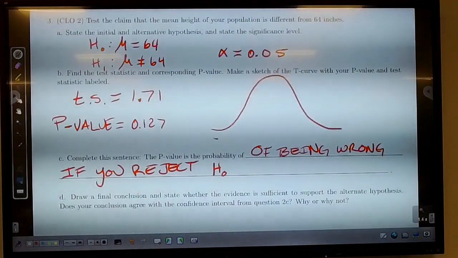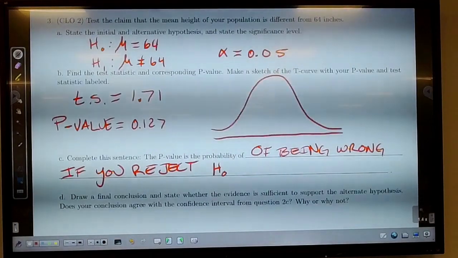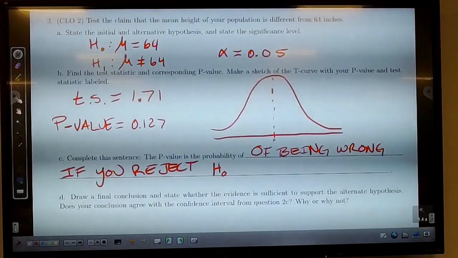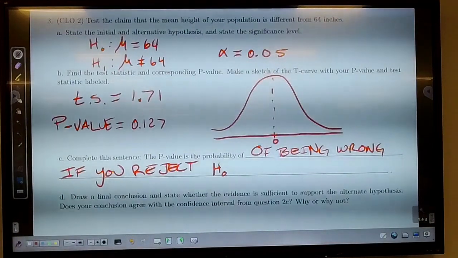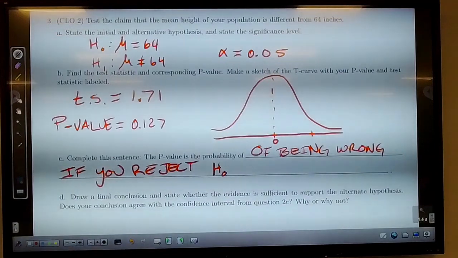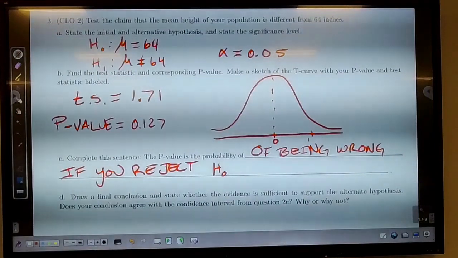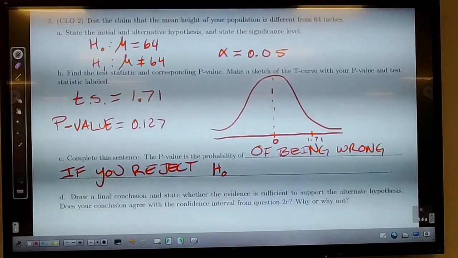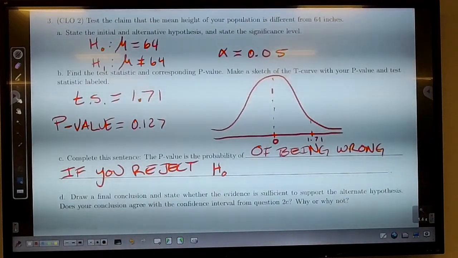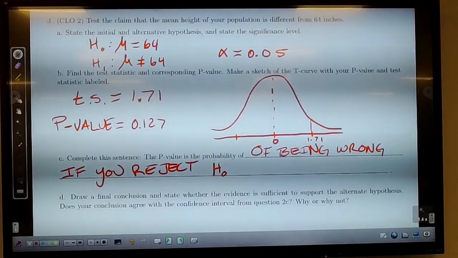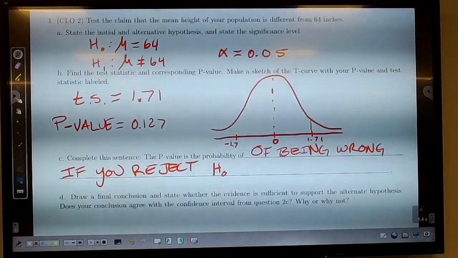Here's my t-curve. The part that's right in the middle is 0. 1.71 being a positive number must be over here then. Negative 1.71 would be over here.